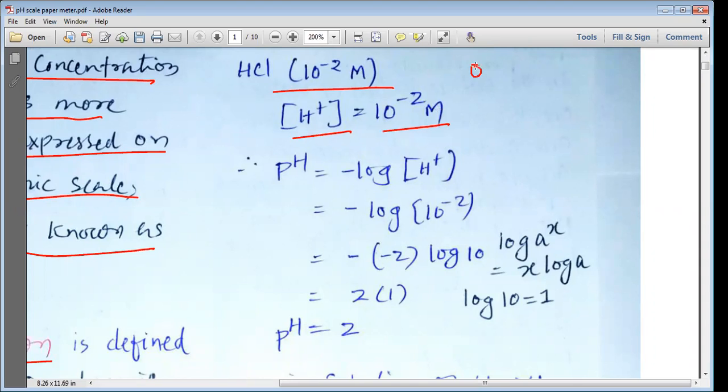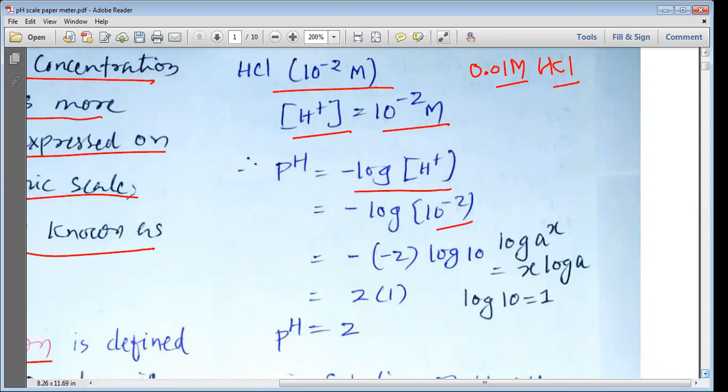This 10 to the power minus 2 is nothing but 0.01 molar. Please remember, 10 to the power minus 2 is nothing but 0.01 molar HCl. So if you have 0.01 molar HCl and you want to find the pH, you will find pH is equal to minus log of H plus. For that, the H plus concentration is 10 to the power minus 2.